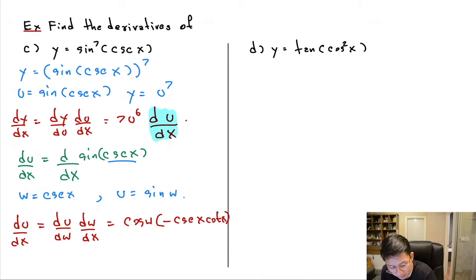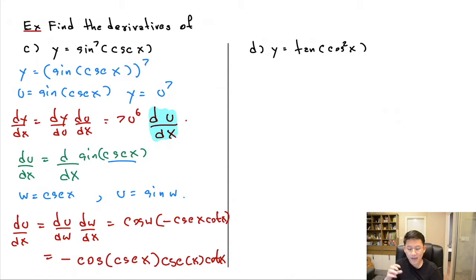So it will be minus cos w, and w is cosec of x. I'll write it a bit better. Cos of w, but w is cosec of x, and cosec of x and cot of x. Okay, and that is du by dx.